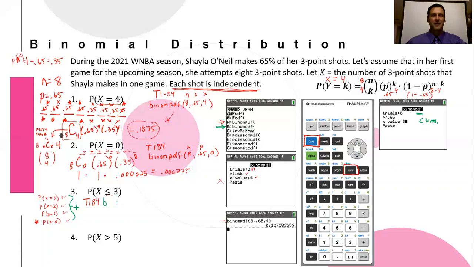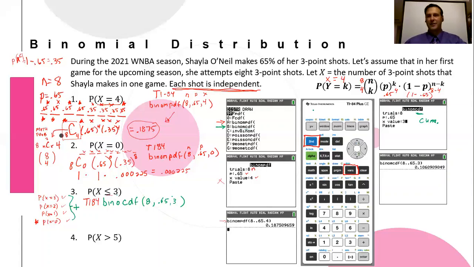So TI-84, Binomial Cdf. And again, I have 8, I have 0.65, and I have 3. If you put it in the next entry, hit enter, you're going to get exactly what you see here. Again, notice it has a C. That part is important.